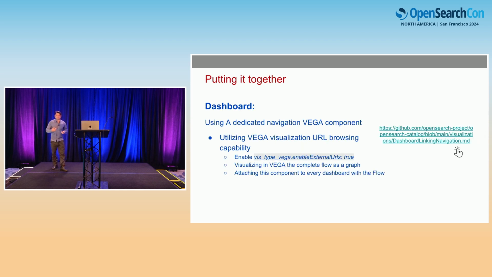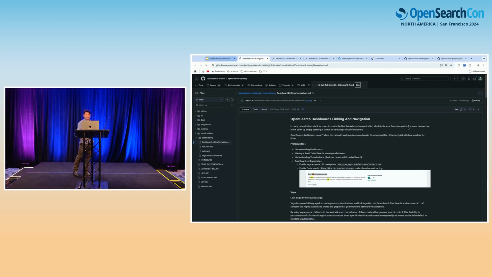As I mentioned before, making this something viable needs to incorporate visual elements. So one visual element would be the header that is on top of each of these dashboards and creates a navigation mechanism transitioning from one step to the other step. And there is a link here that gives an example of how that specific Vega component is built.